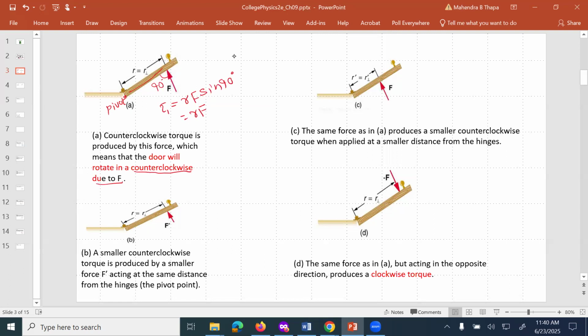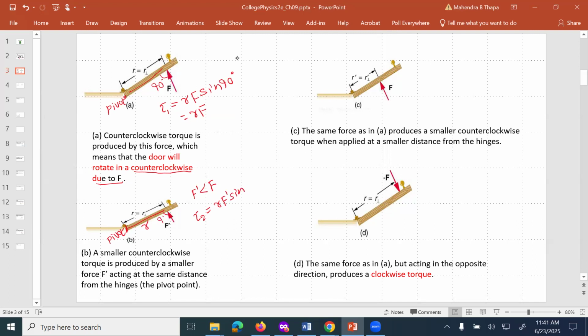Okay, let's consider another example here. In this example, the magnitude of force F prime is less than F, but still the distance is R as above. This is the pivot point. Okay, so you can find the torque, say this tau 2 equals R times F prime sine theta.